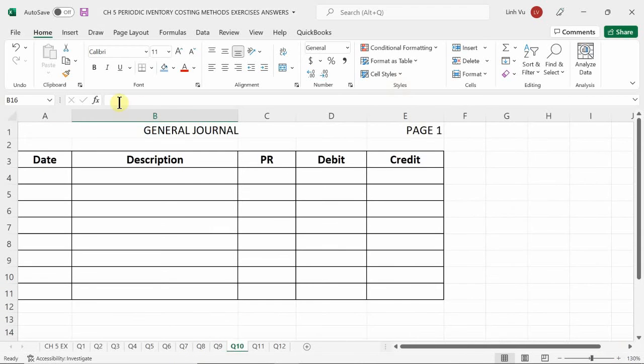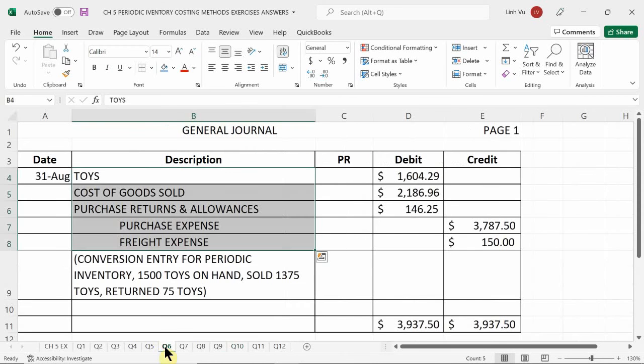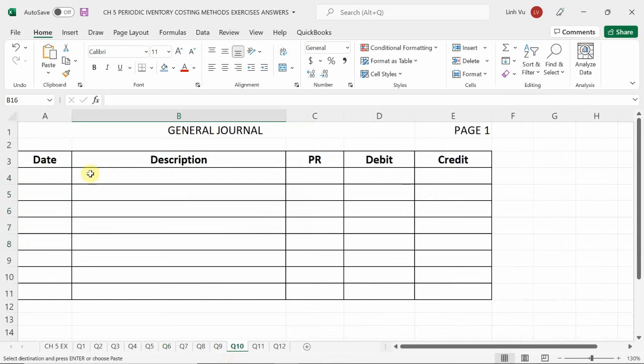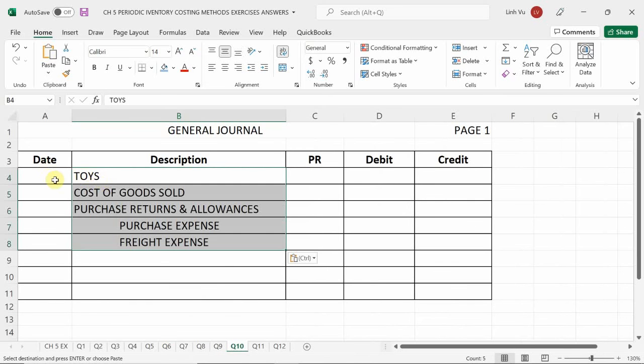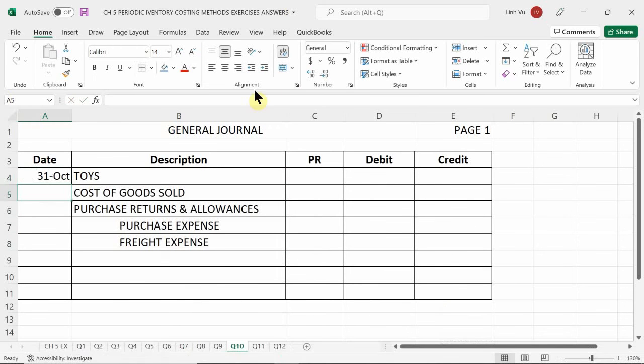Okay, how do I journalize my conversion entry? All of this is what I should see on my inventory worksheet. Okay, except for the date, obviously, which is going to be October 31st, right?